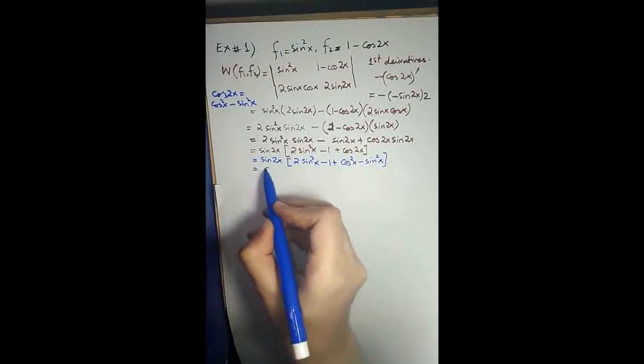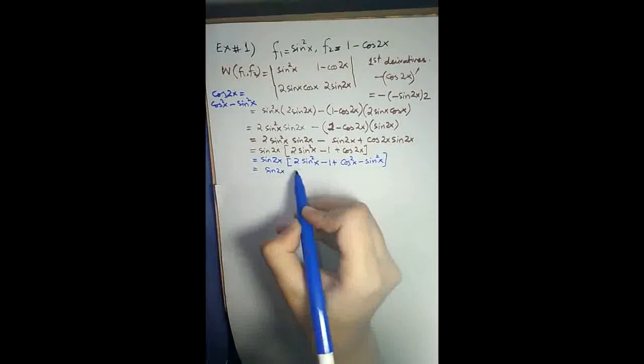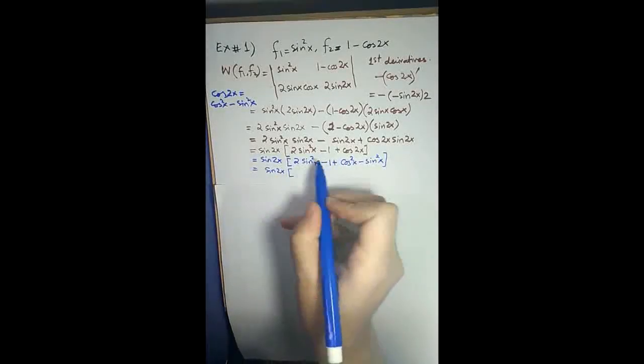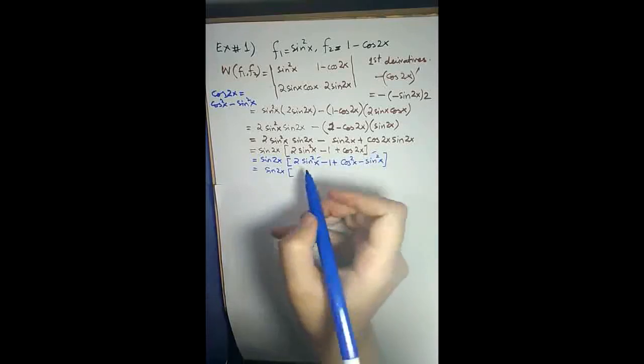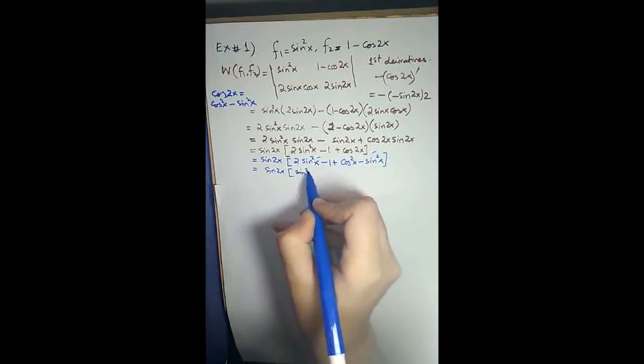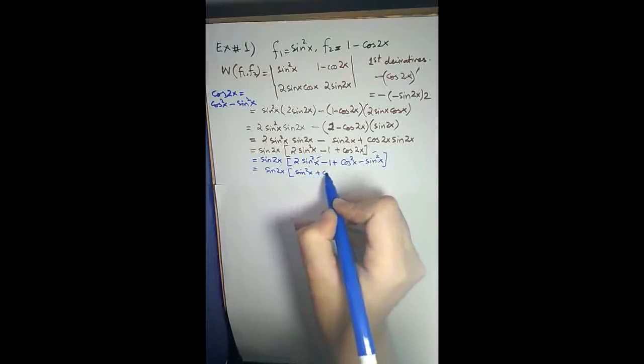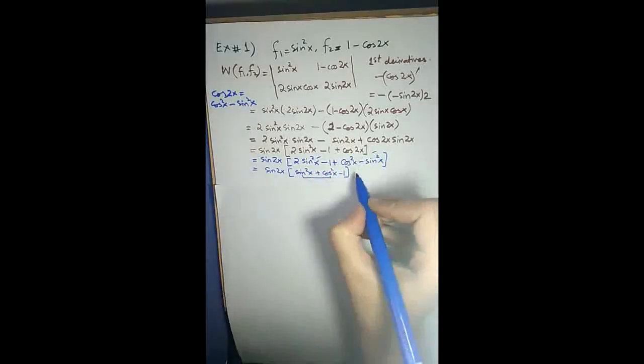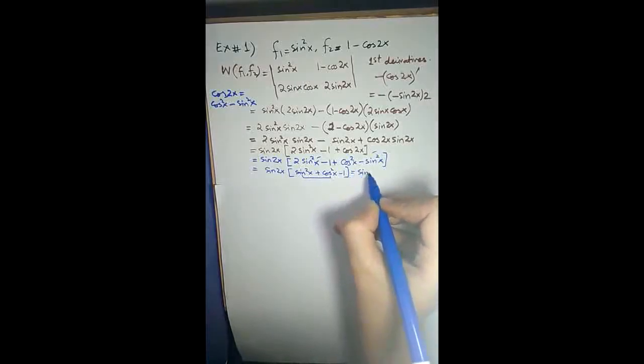Okay, so sine 2x, 2 sine square x minus sine square x, this and this, what does it become? Sine square x plus cos square x minus 1. So what does this become?